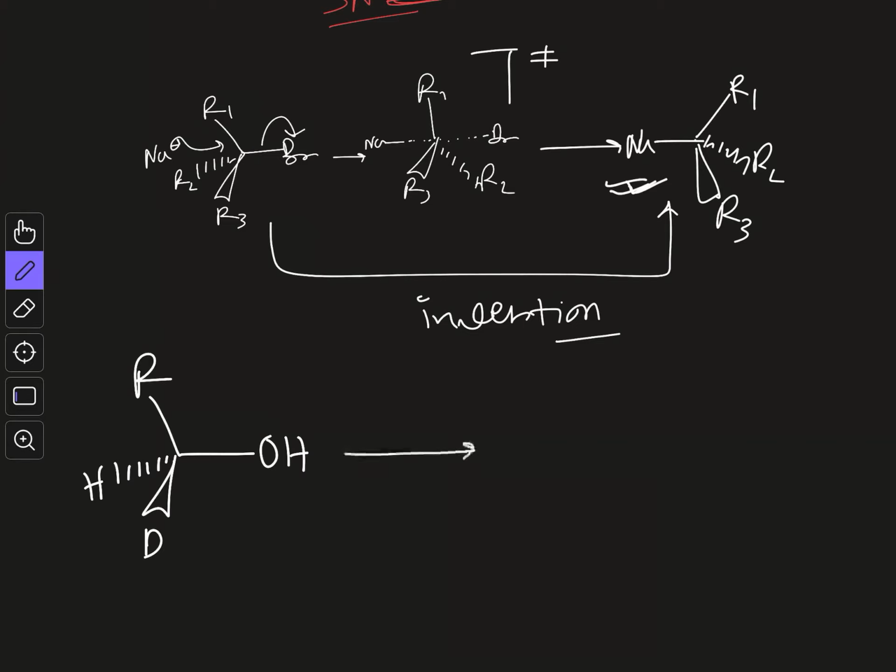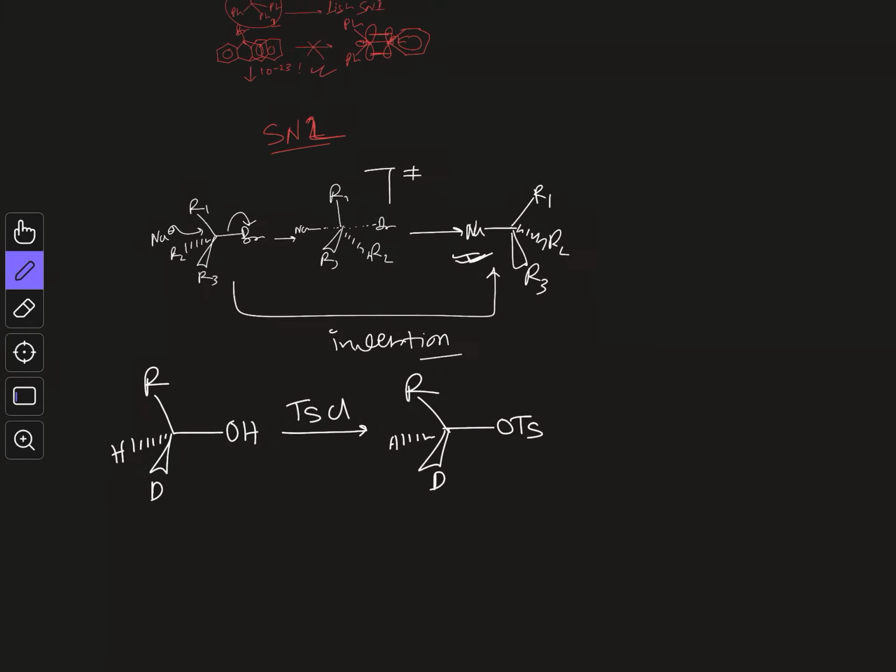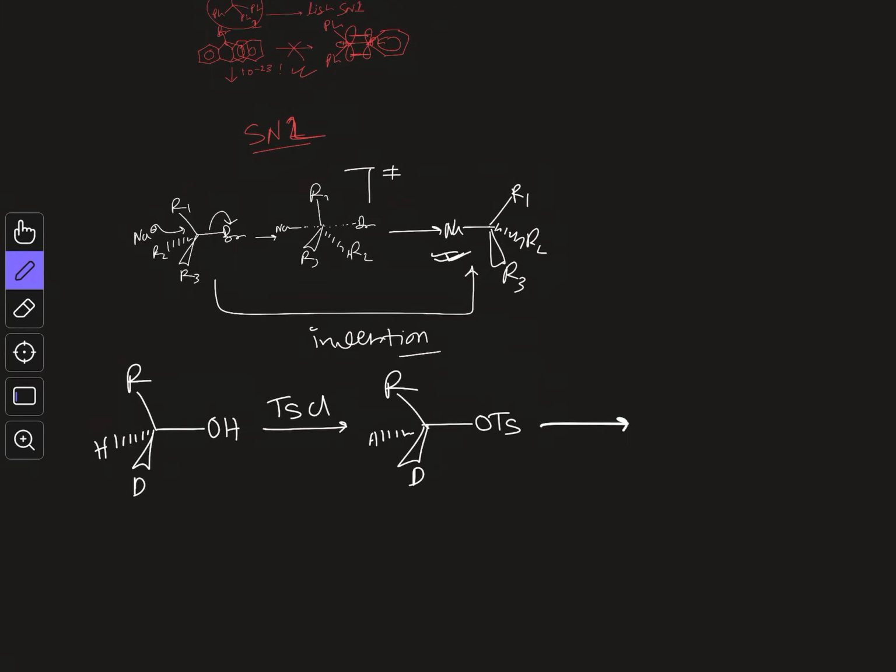And now we first treat this molecule with tosyl chloride. So this OH will be OTs, it will be tosylated, and now we have R, we have deuterium, we have hydrogen over here. So this compound we will treat with, let's say, MeCO2 minus, that is acetate anion.